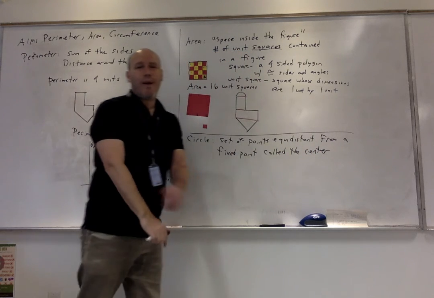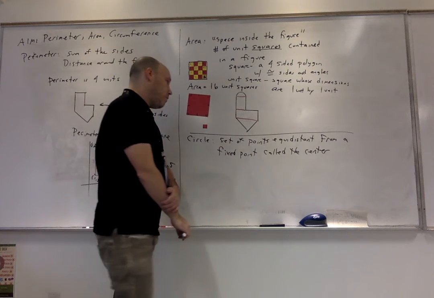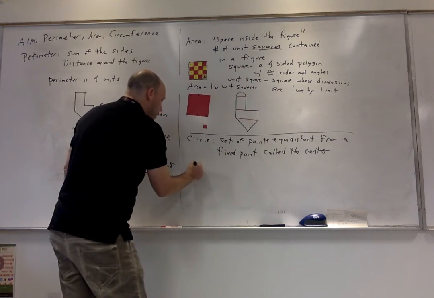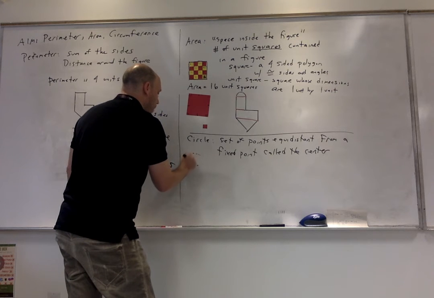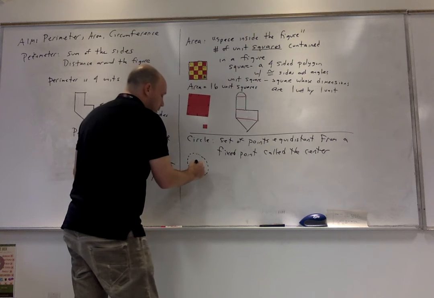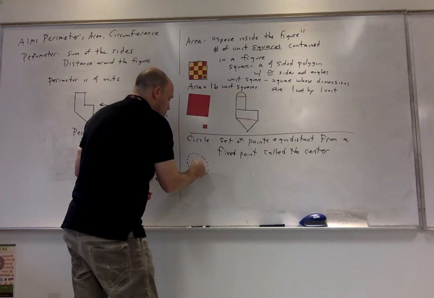Sorry, I'm going a little fast. So you have a center, and you have a bunch of points that are equal distance. The distance from the center to any point, that's known as the radius.